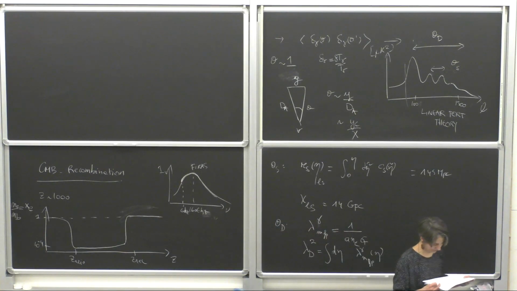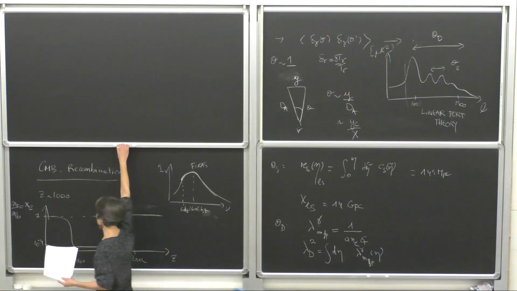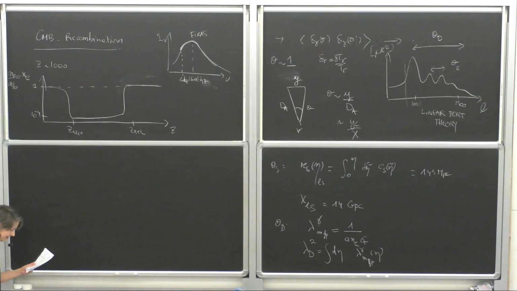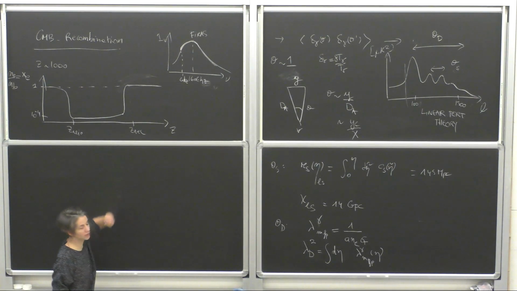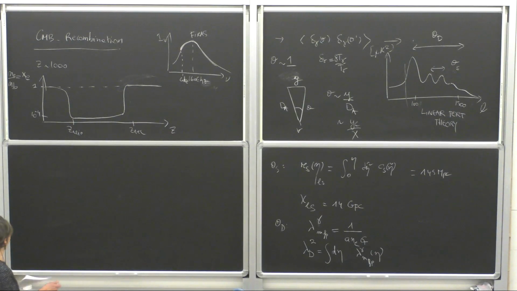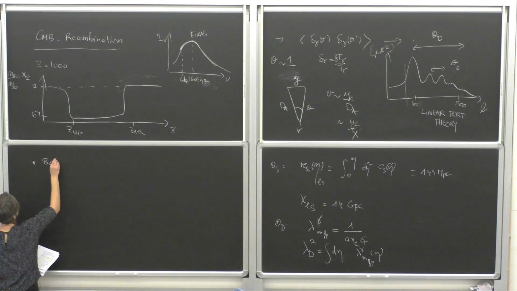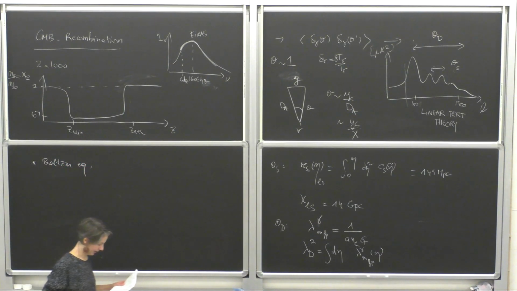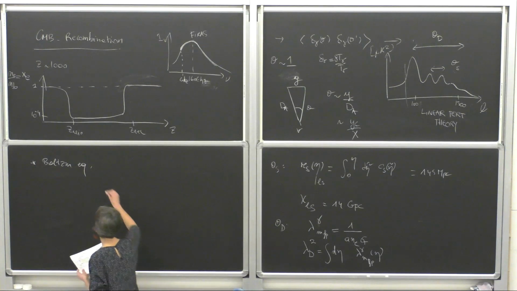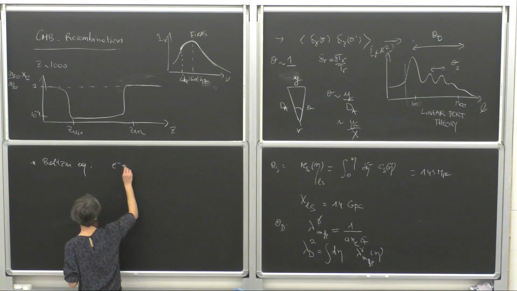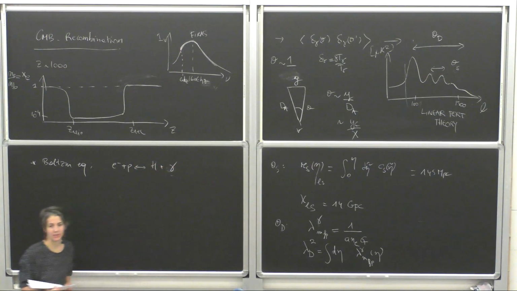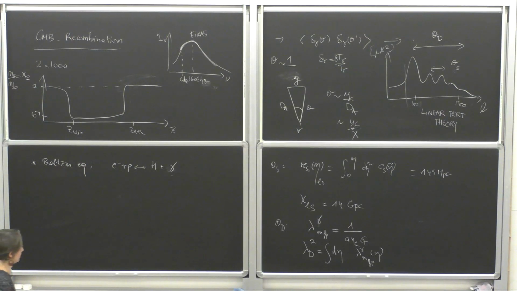Good. So now I said that I have the ionized fraction here, and I would like to estimate the evolution of the ionized fraction around recombination, okay? I need the Boltzmann equation to look at how these processes are going to go out of equilibrium: electron and proton going to hydrogen and photons.